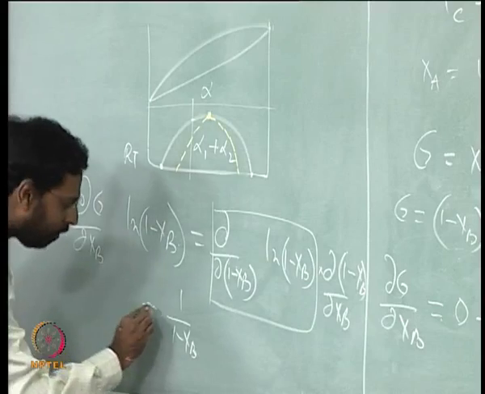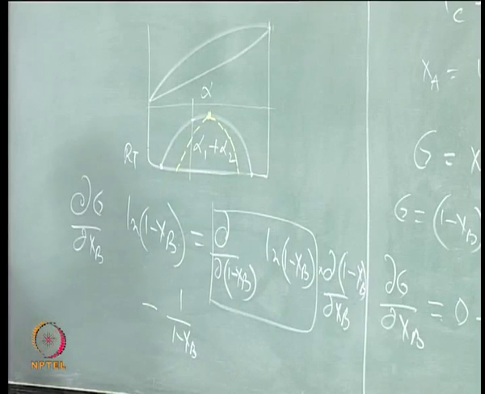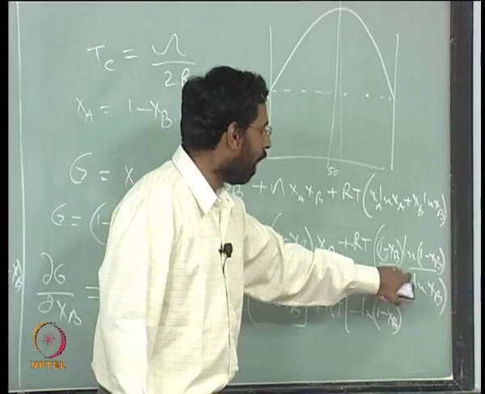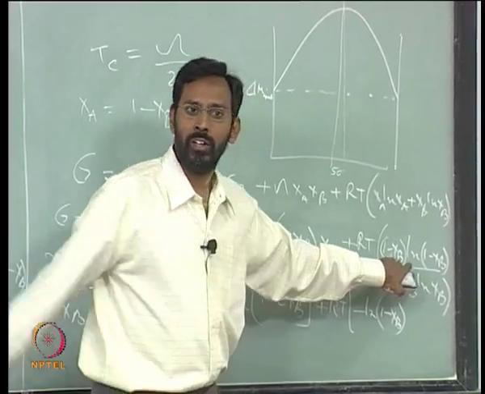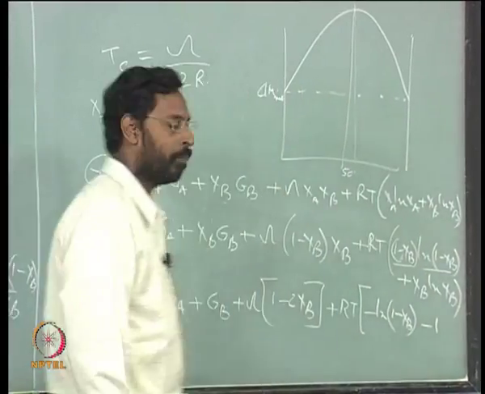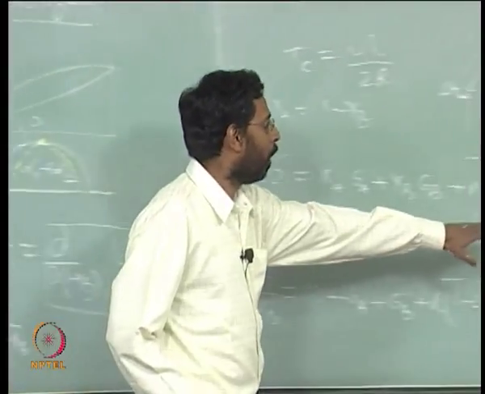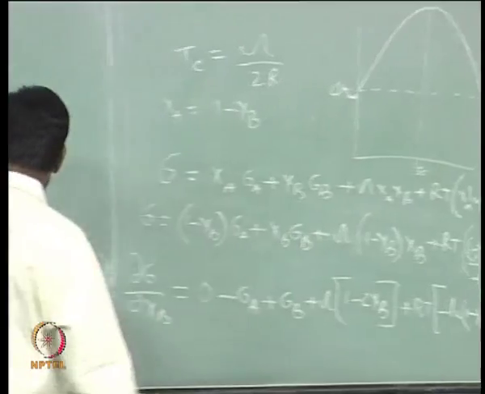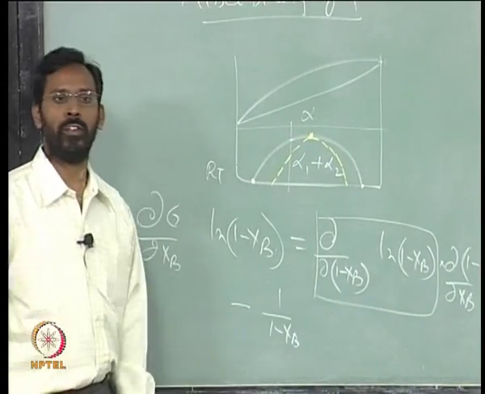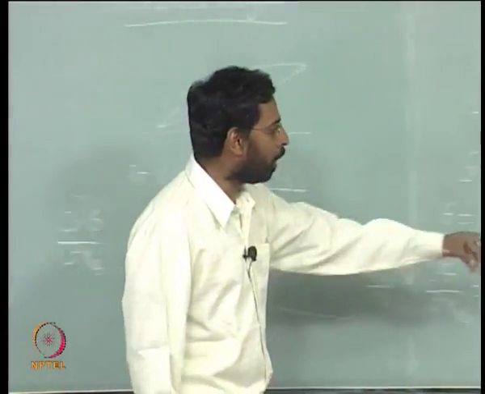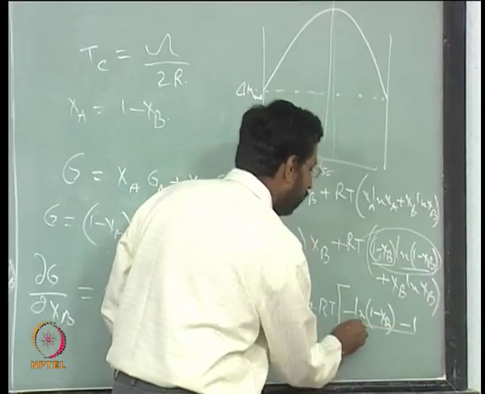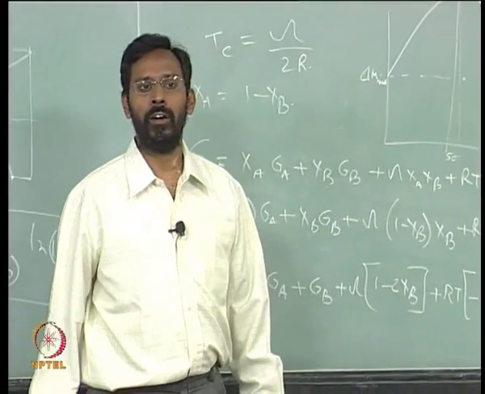So this is minus 1 by 1 minus xb, and I am basically keeping the other factor constant, so that would actually become minus 1, because this 1 minus xb is multiplied by minus of 1 by 1 minus xb. So it gets cancelled, and you get minus 1 there. So this whole part is simply the derivative of that.